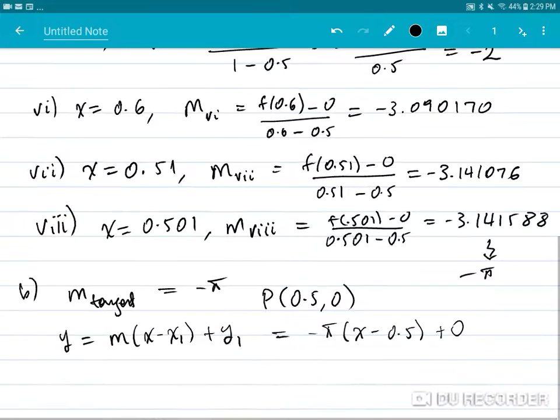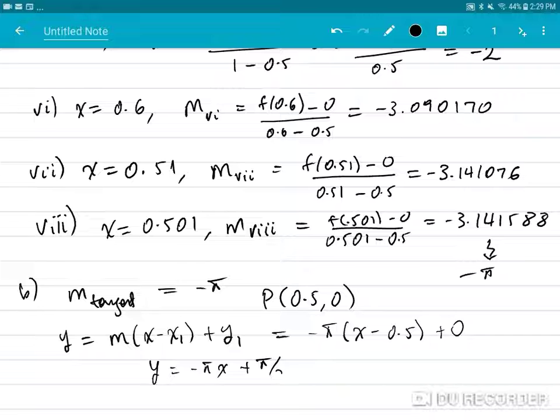Okay, so that will give me y equals minus pi x plus pi over 2, the equation of the tangent line that I found at the point (0.5, 0). So that's question B.